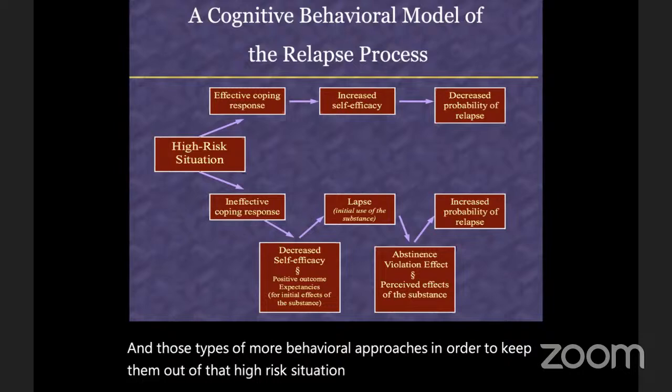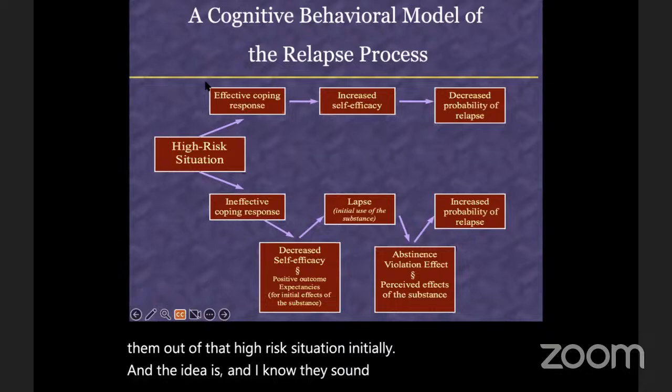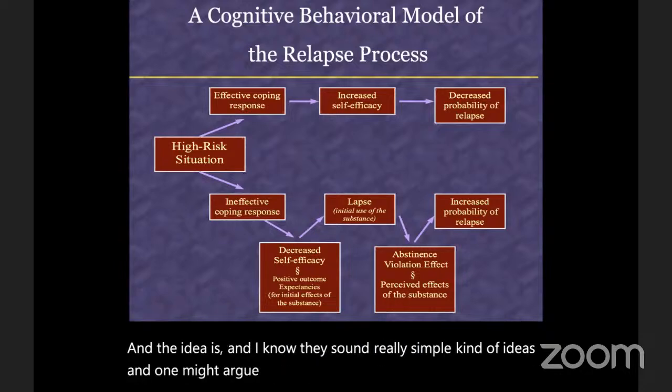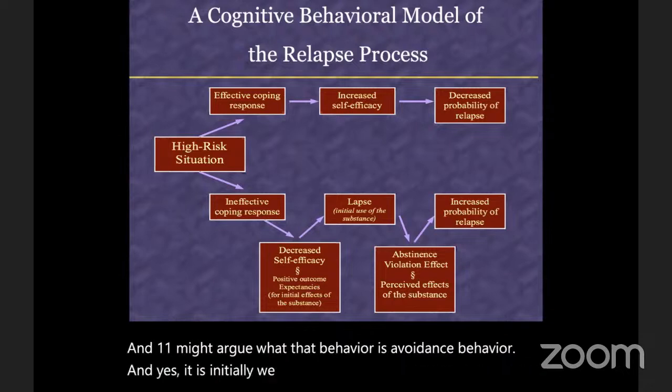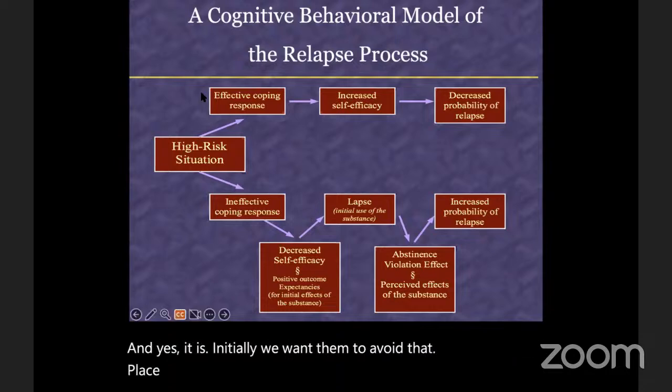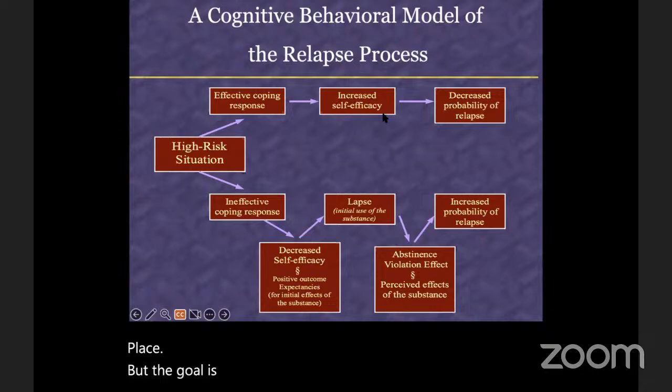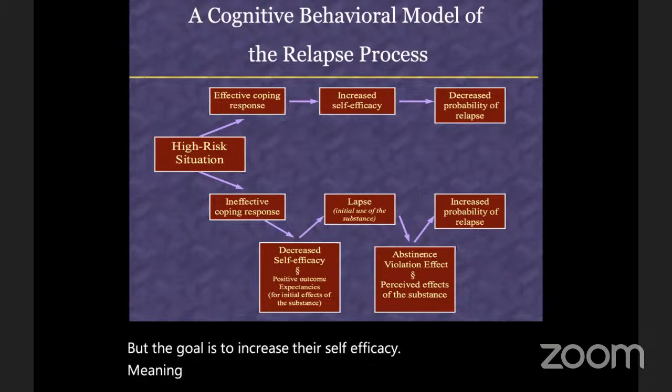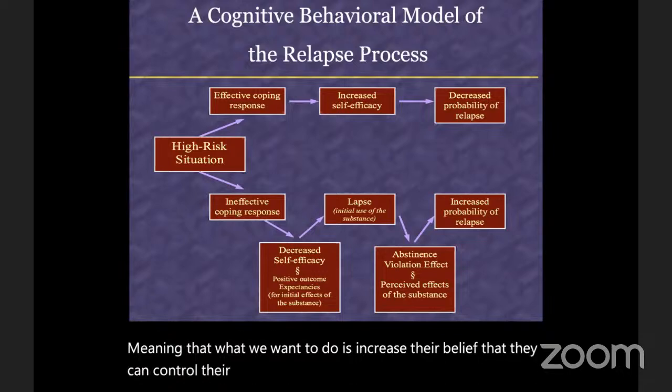Those types of more behavioral approaches keep them out of that high risk situation initially. And I know these sound really simple, and one might argue that's avoidance behavior, and yes, it is. Initially, we want them to avoid that place, but the goal is to increase their self-efficacy, meaning we want to increase their belief that they can control their situation.